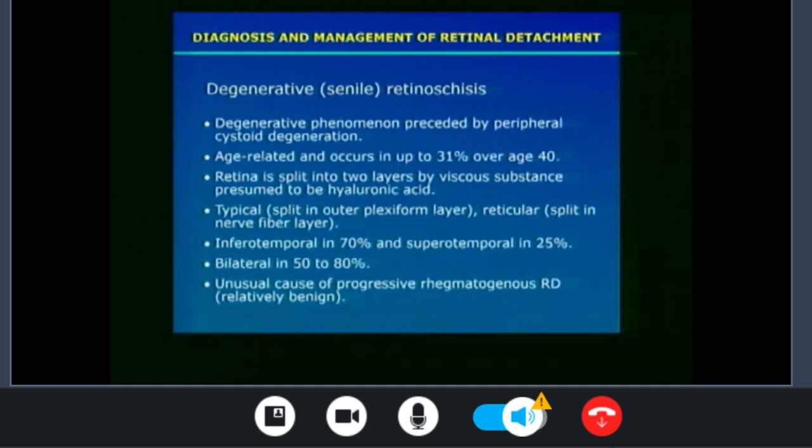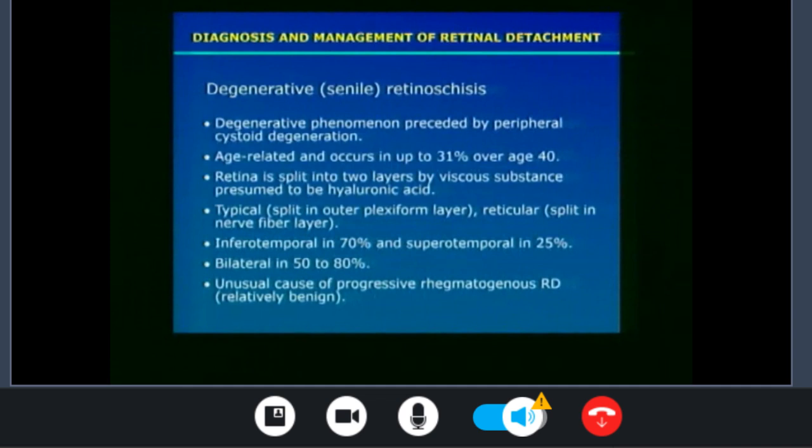That's why when the patient moves, you see the schisis cavity move with a jelly-like movement. The hyaluronic acid rich fluid of the schisis cavity will give you similar movement.